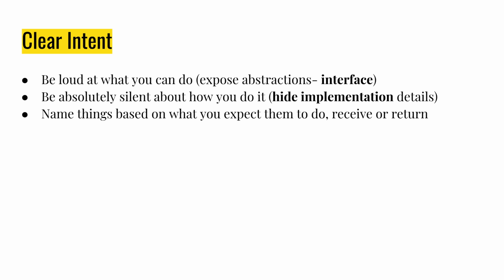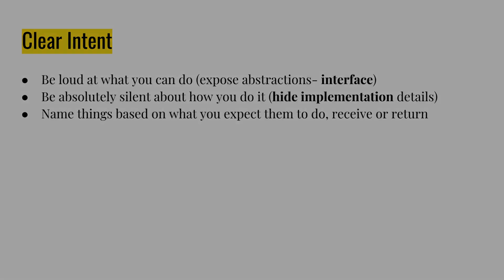If I create an object, I expect the method to return void. If I save an object, I expect it to handle a case for checking if it exists, and if it exists, it gets updated, and if it doesn't exist, it gets created. If I have a method called build, I expect an object to be returned. So there are many words which you can pick for having the same meaning but a clearer intent.